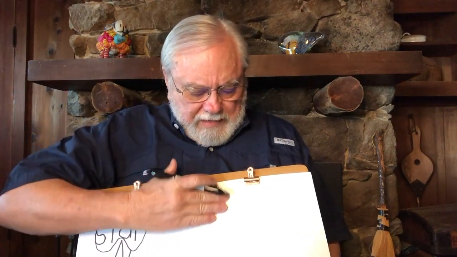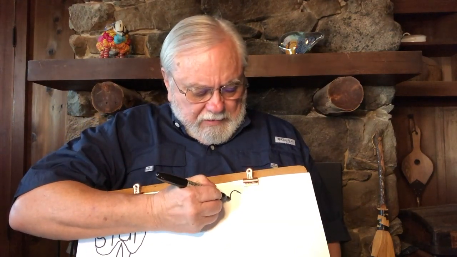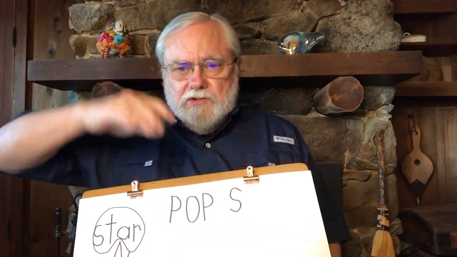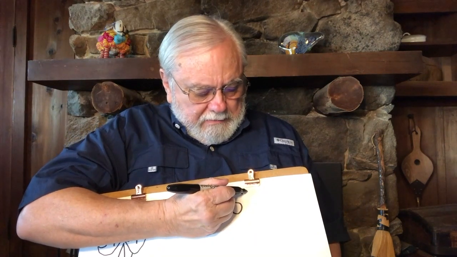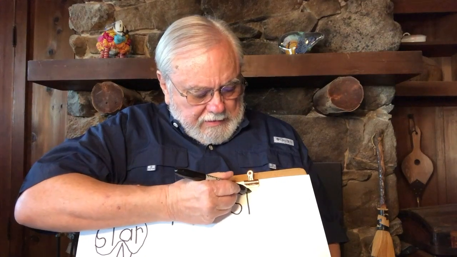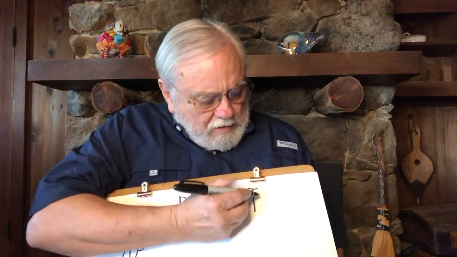So now we're going to leave a space before we write the next word. And we're going to make a capital S. Okay. S. Now we're going to put a T next to that. This time we'll make it a capital T, so we'll put our straight line on top of it. Then we're going to make capital AR for Arnie.